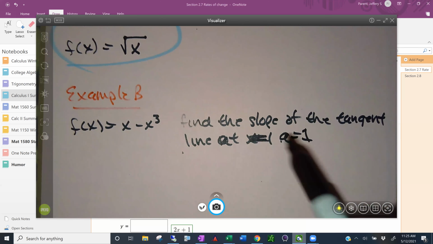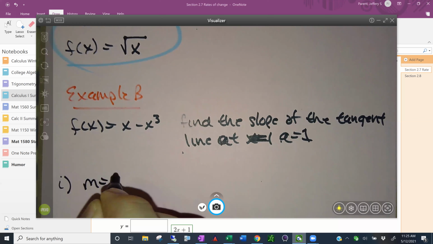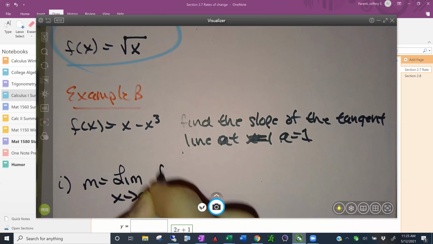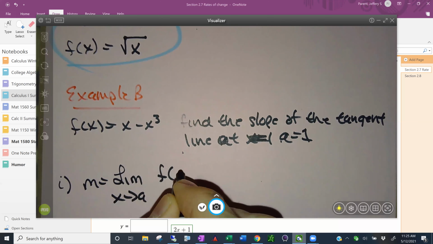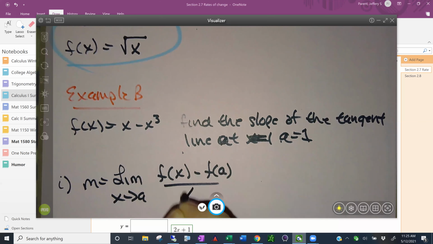So I've got my a and I've got my f of x. I'll start by using this first formulation. That is, the slope of the tangent line is going to be the limit as x approaches a of f of x minus f of a over x minus a.